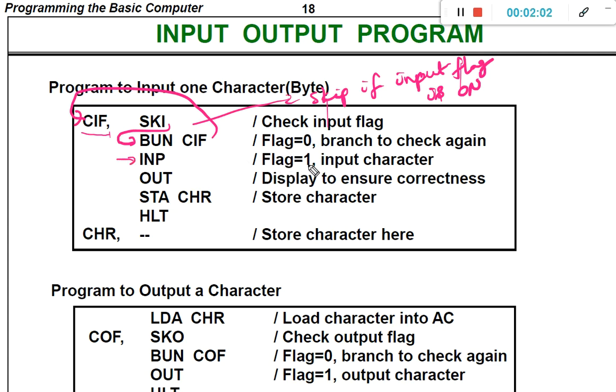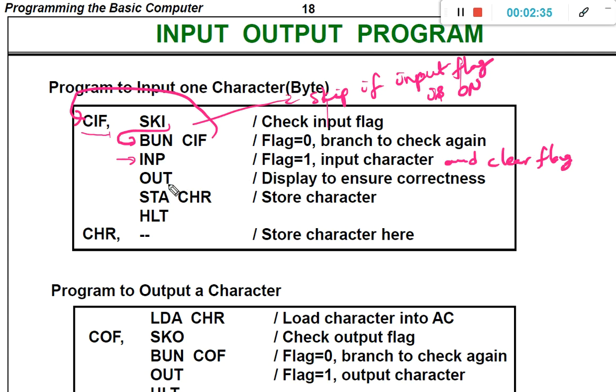So if flag is 1, then input character. INP means input character and clear flag. So whenever flag is equal to 1, then input the character and clear the flag to once again 0. Okay. So with this operation, the input character is retrieved.